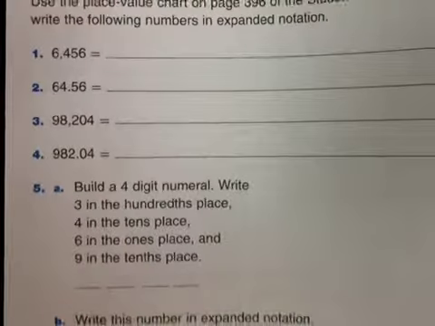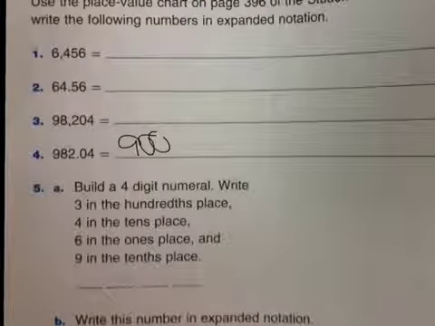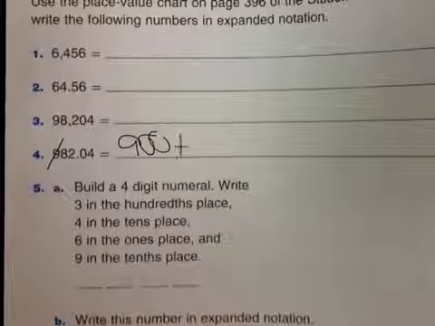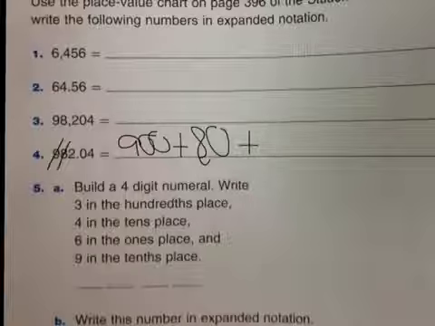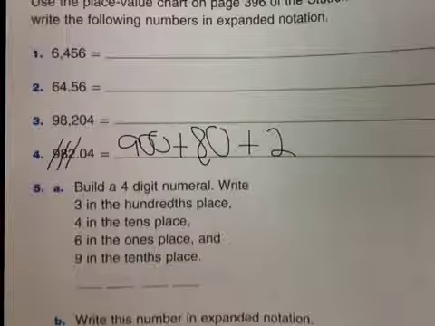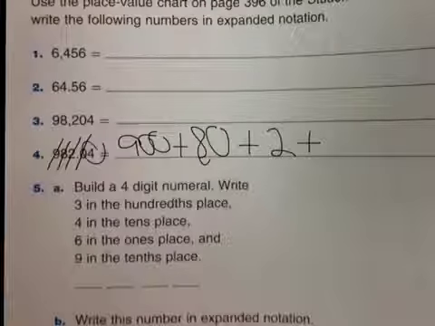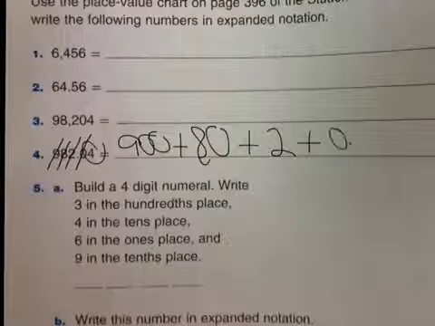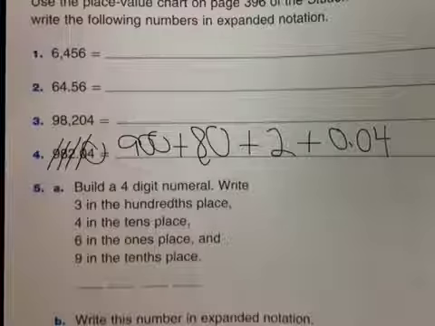So we have 900 plus 80 plus 2 plus, well, we can't put the 0 because we're not going to add 0, but we can add the 4, plus 0.04. And that is our expanded notation. Go ahead and try that with 1, 2, 3.